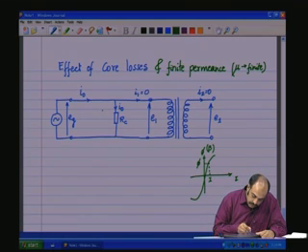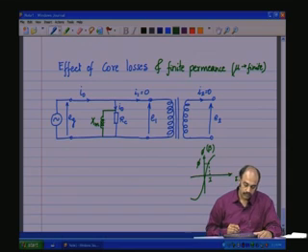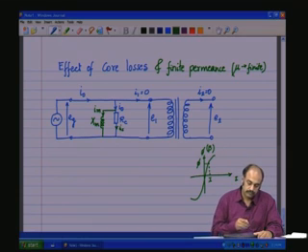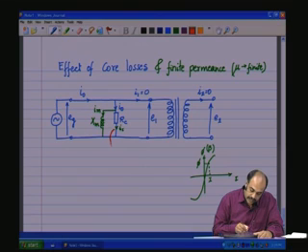So, from here I am going to have one more component, and let us call that one Xm. So, this I naught which is drawn from the supply is going to split into two components. One is Im and the other is Ic. Ic is that component of I naught which produces the core losses.